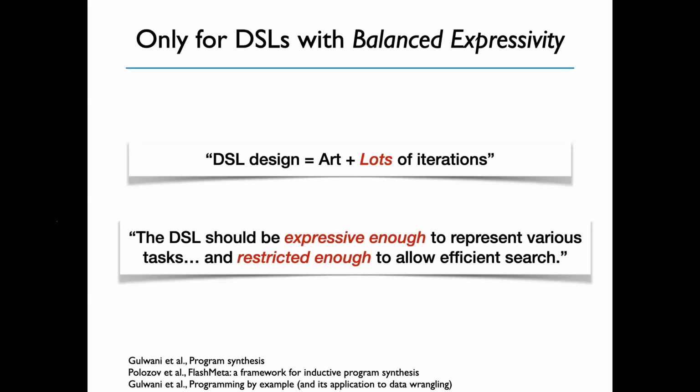In general, this approach requires a great deal of domain expertise to achieve a balanced expressivity of the underlying DSL. In other words, the DSL should be expressive enough for practical uses while being restricted enough to enable top-down propagation. That is why top-down propagation is not generally applicable.